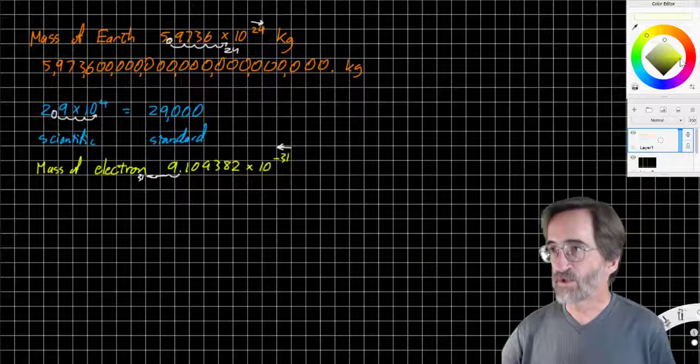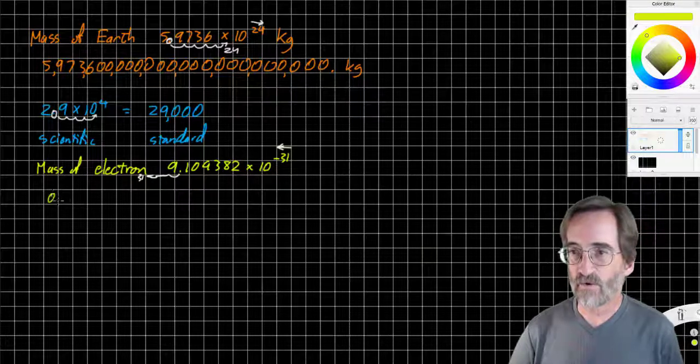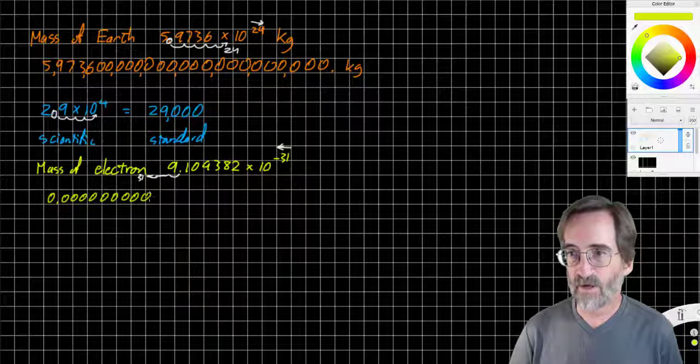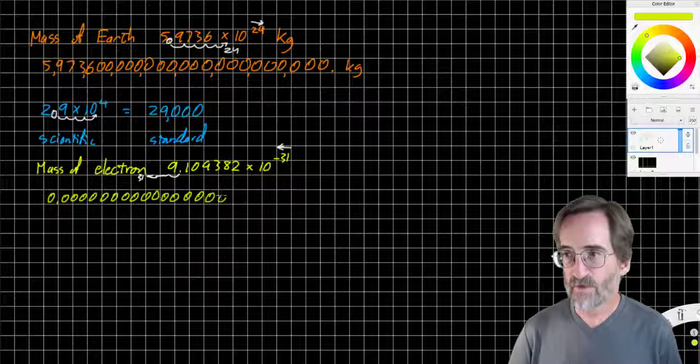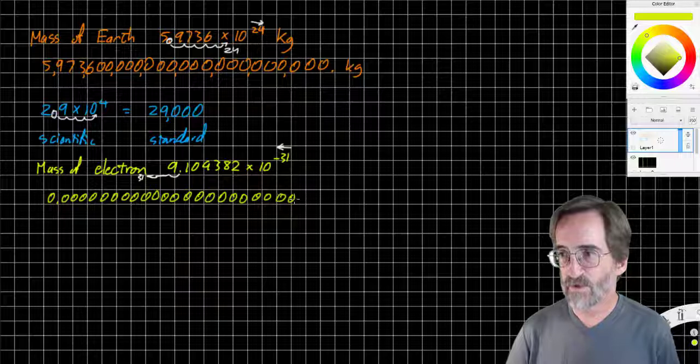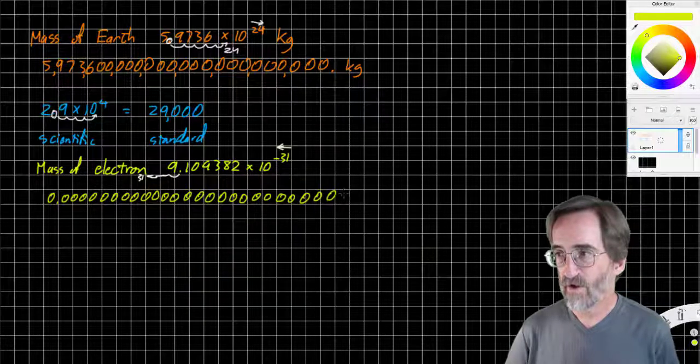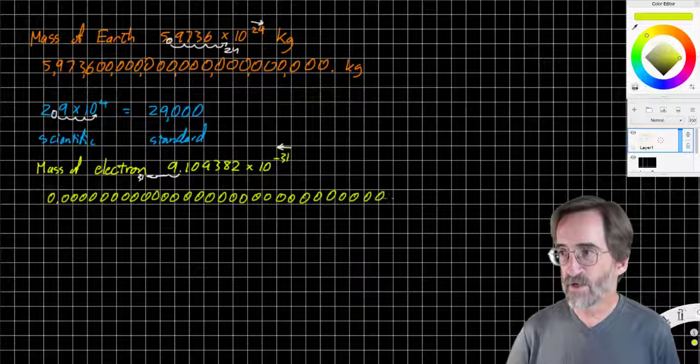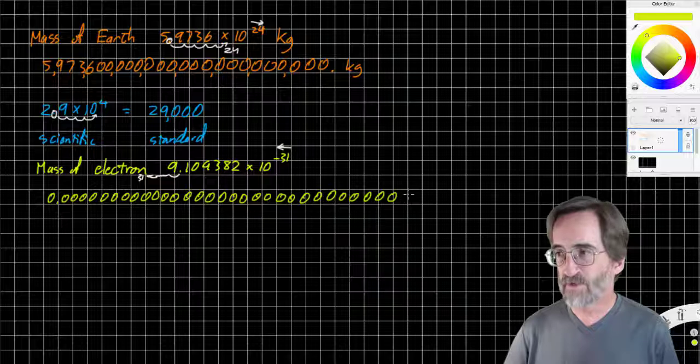So this is equivalent to 0.0000 and so on, counting 1, 2, 3, up through 30. Okay, now it's 31, but one of them is to get past the 9, so 31.